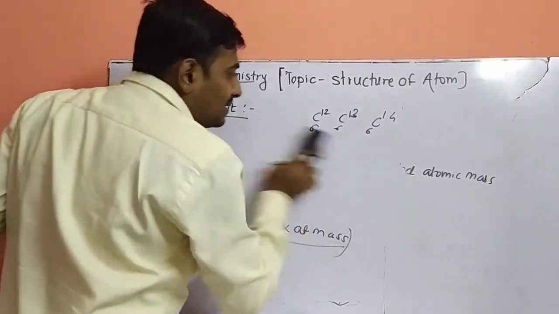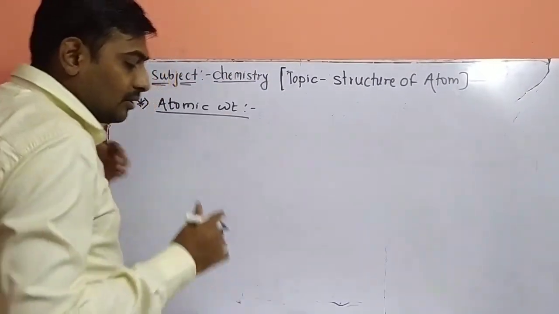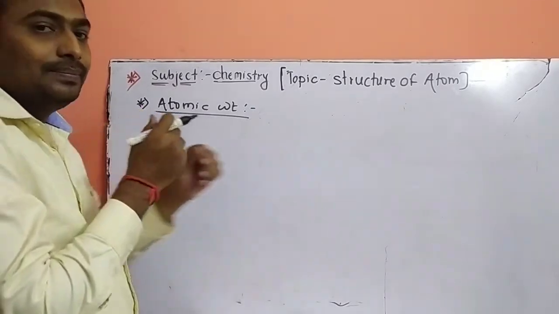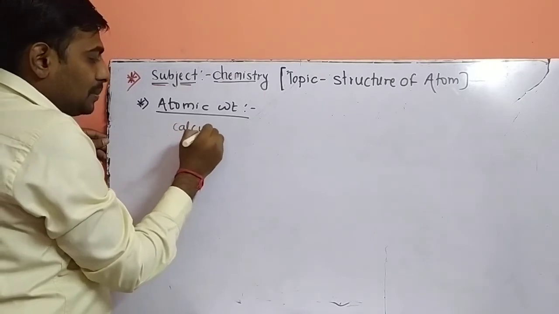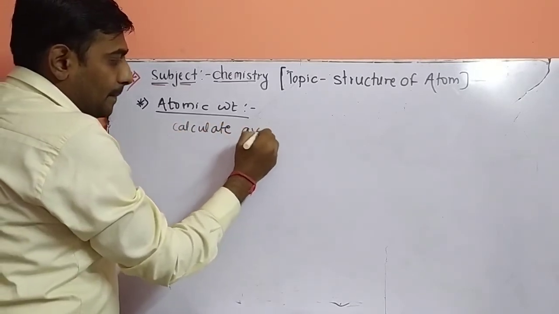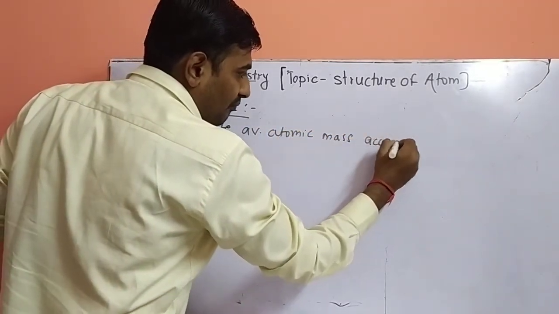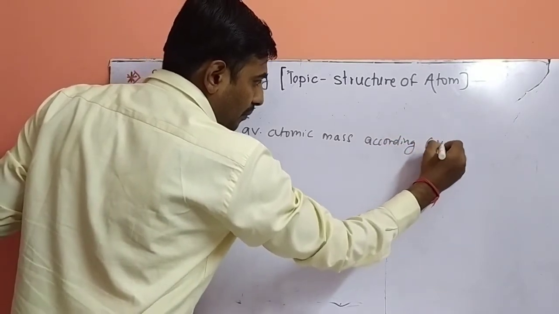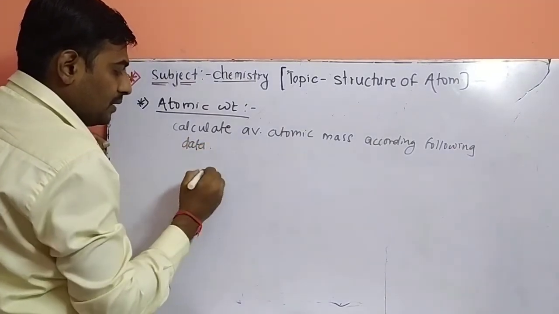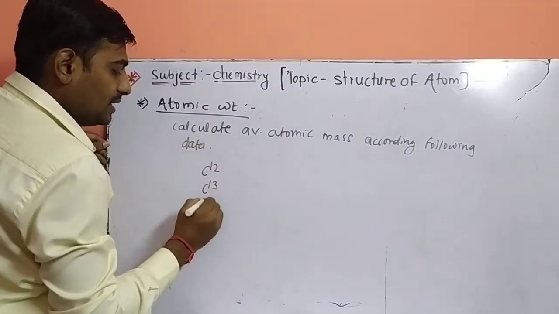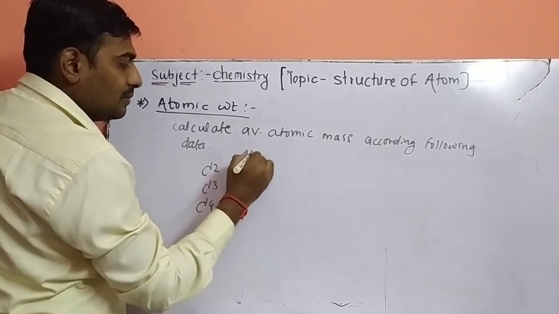Calculate the average atomic mass of carbon with the following data. The data is here: C12, C13 and C14, each with its atomic mass.